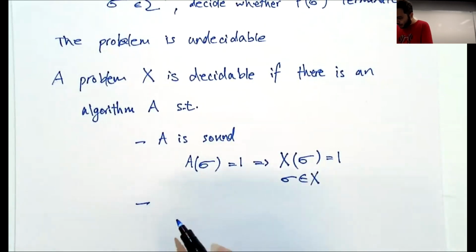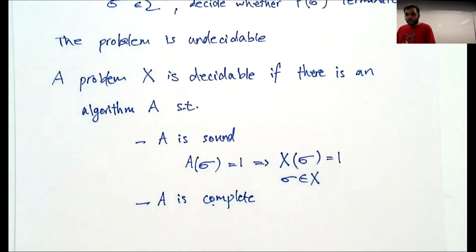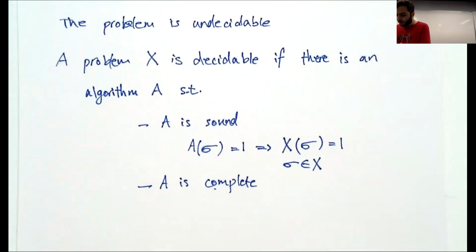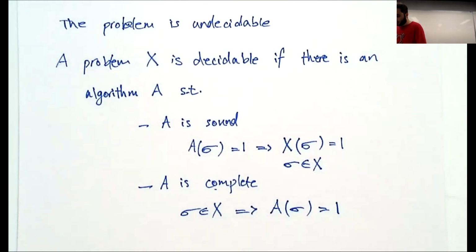Then we also need completeness. And this is the exact opposite. It's that if the program terminates, then our algorithm should say that the program terminates. Or if we just talk about an arbitrary problem X instead of just termination, it's that if some input is in the language X, then this would give us 1, right?